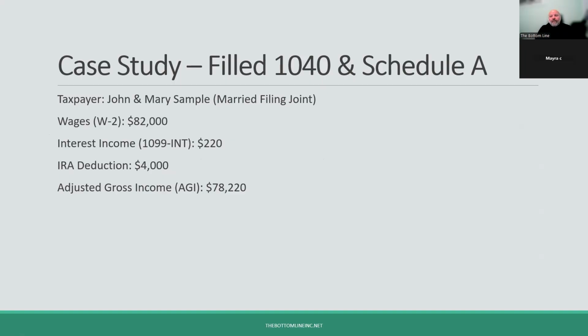And that's going to give us an AGI, an adjusted gross income, of 78,220. Okay. So this is the first half of your 1040, which we knew as our income. And then today we learned about adjustments to income, the IRA deduction, and then we get to our adjusted gross income.